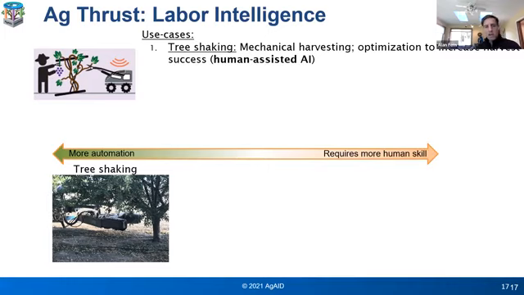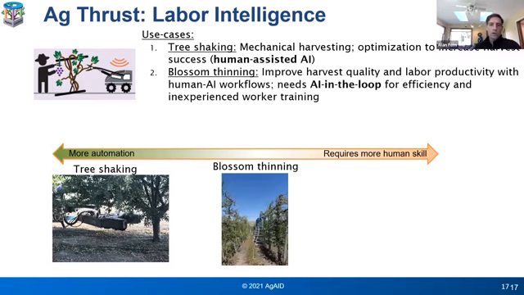It can damage the tree, and you want to shake just enough so that you get most of the fruit. And so it's what is referred to as a skilled labor job, and it's very hard to find enough skilled labor these days. And so with AI, maybe we can produce a human-assisted tree shaker that will sort of take the best of somebody who might not be fully skilled at tree shaking and make them about as good as a skilled tree shaker. That's our initial goal.